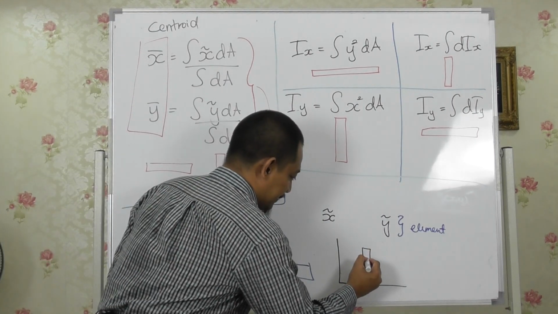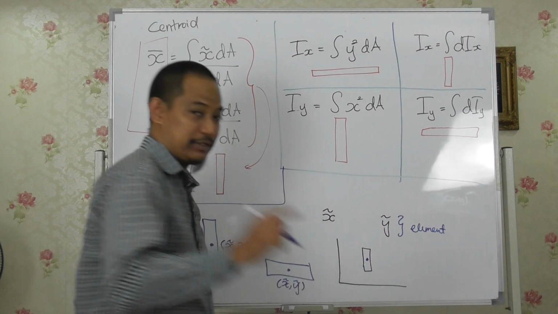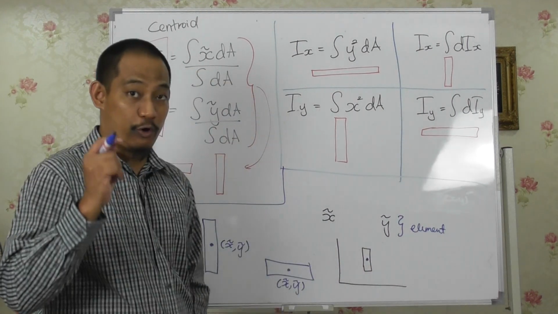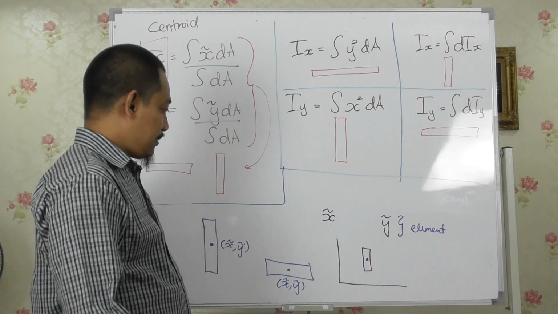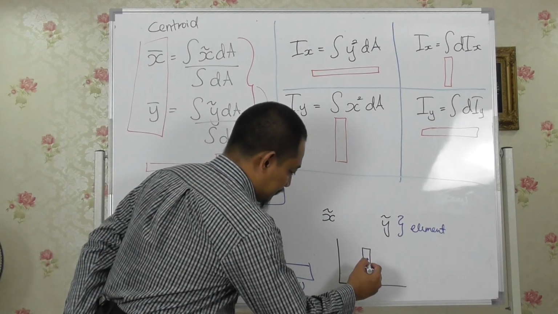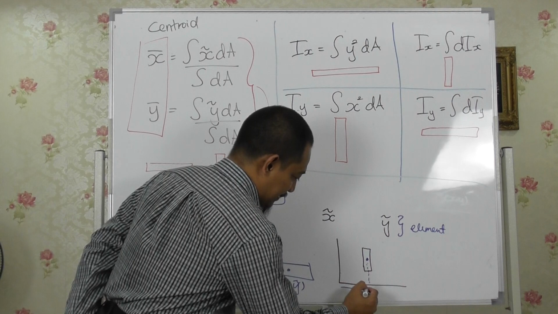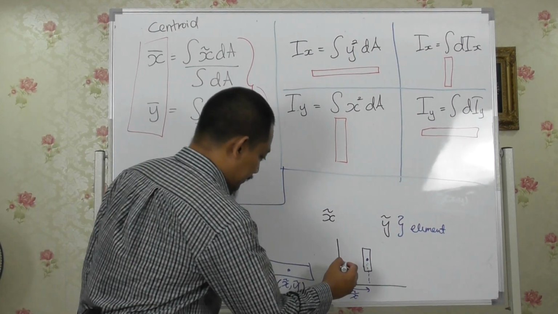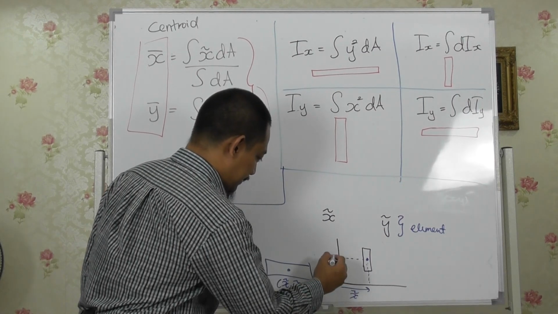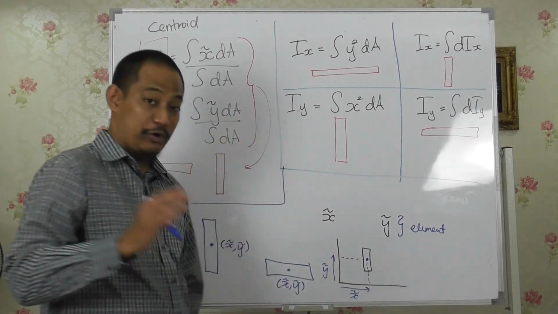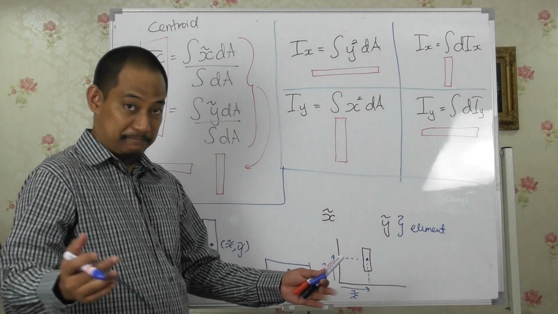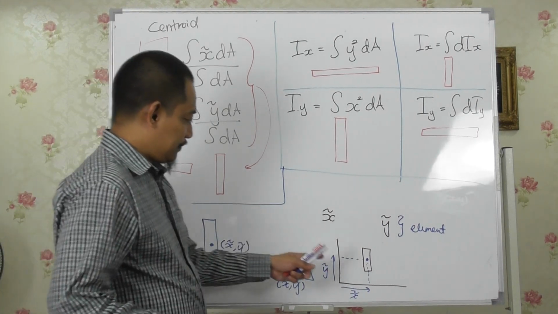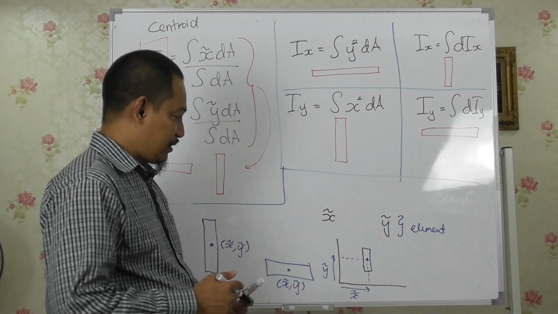If we have the area here, the centroid there, meaning that this is my x wave, y wave coordinate, right? Now, meaning that this is my x wave, correct? And then this is my y wave, the coordinate. Simple, right?